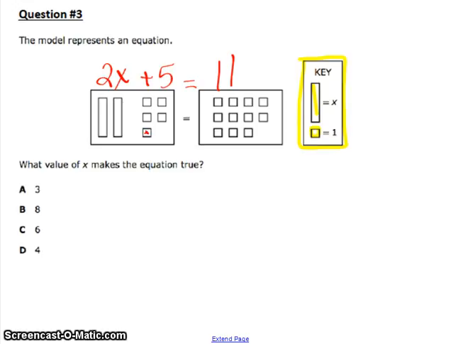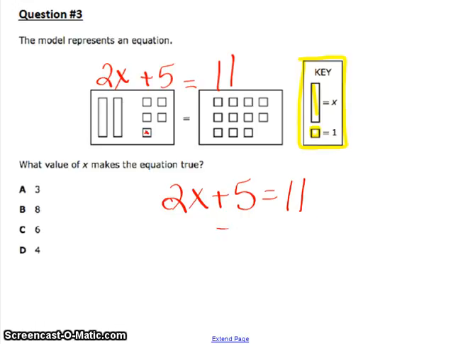Okay, so from here, you can solve with the equation, or you can solve using the model, whichever you choose to do. I am going to use the equation. I believe that with an equation, there is less margin for error. Okay, so I have a positive 5, that's my tag along.